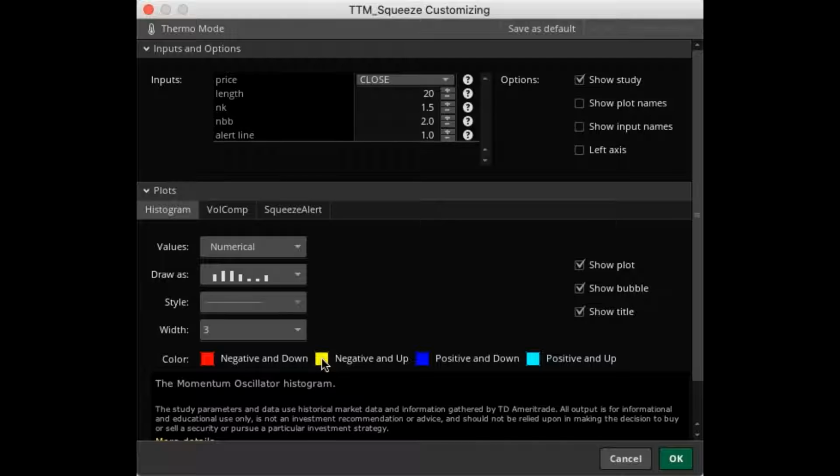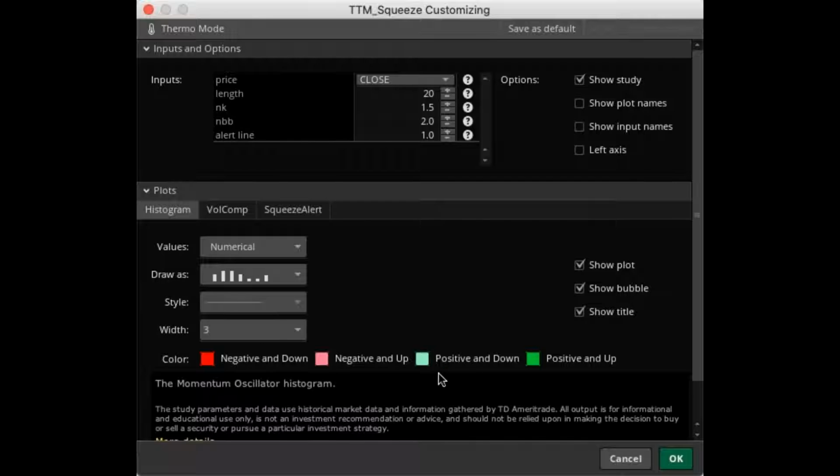Negative and up, we're gonna change that to pink. Positive and up is going to be green, and positive and down is going to be light green.